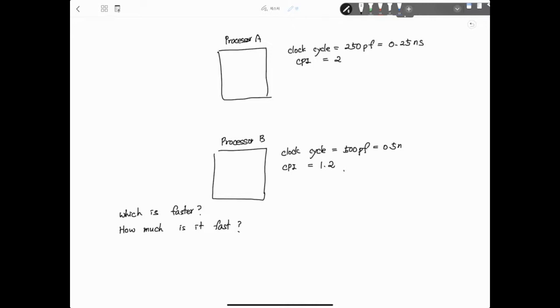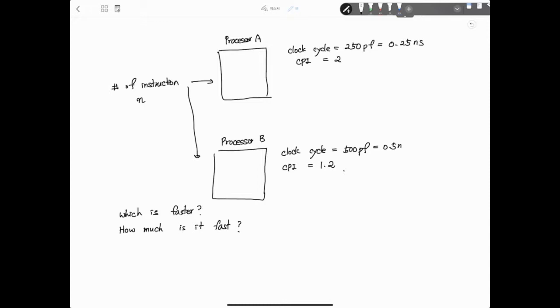What we are assuming is that processors A and B are executing the same number of instructions, right? If both processors are running different instructions, then we cannot compare the performance. So we are assuming the same number of instructions for both processors. Let's say this is n instructions.